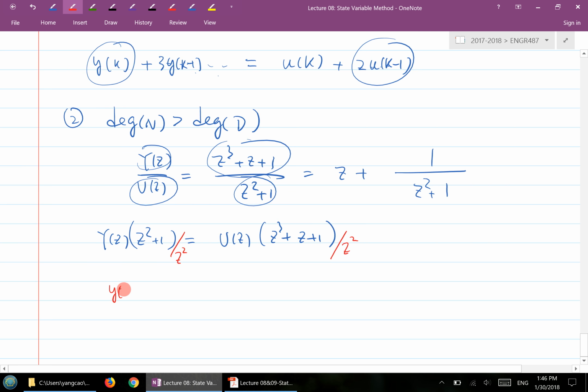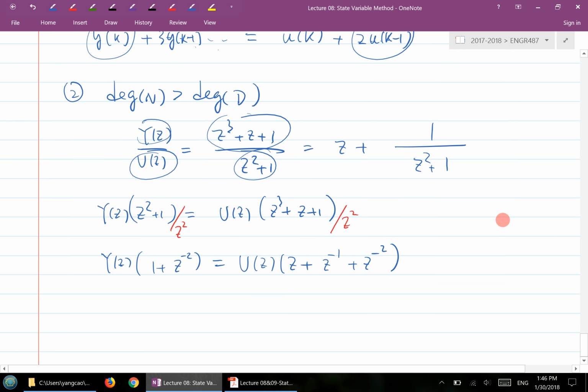So we get y of z times 1 plus z to the negative 2, and then u of z times z to the negative 1 plus z to the negative 2. That makes sense, right? So now I take the inverse z transform.